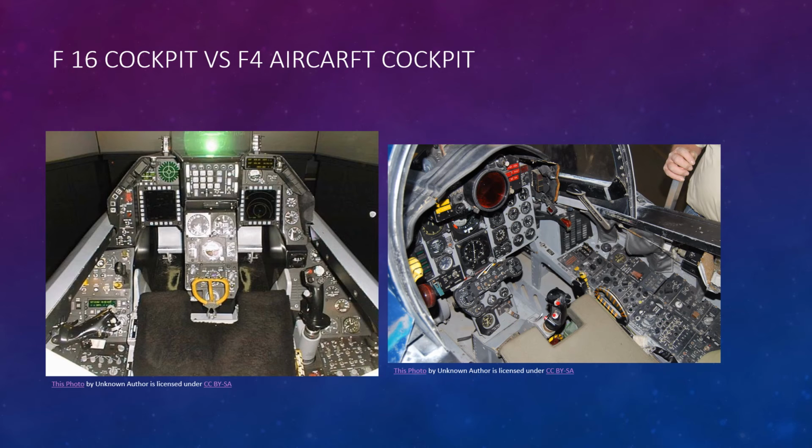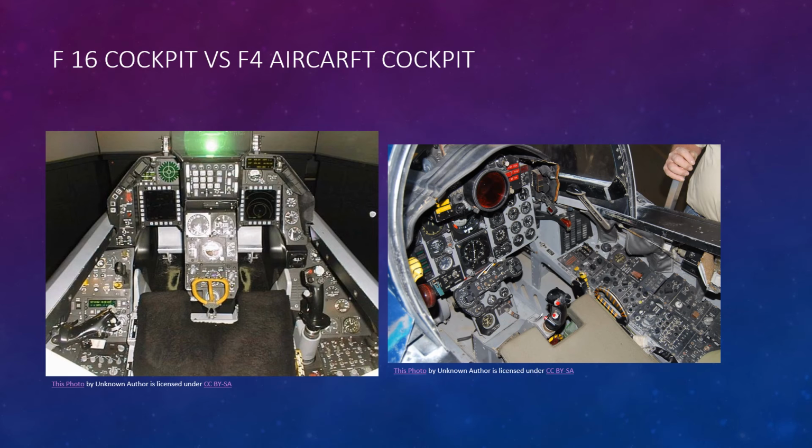On the top there is a green glass, which is known as the HUD, or heads up display. This solved many of the problems of the F-4, because in the F-4, as you can see, there is a red type of glass, so the pilots had to keep looking at the glass instead of focusing on flying, which made flying harder for the pilots.